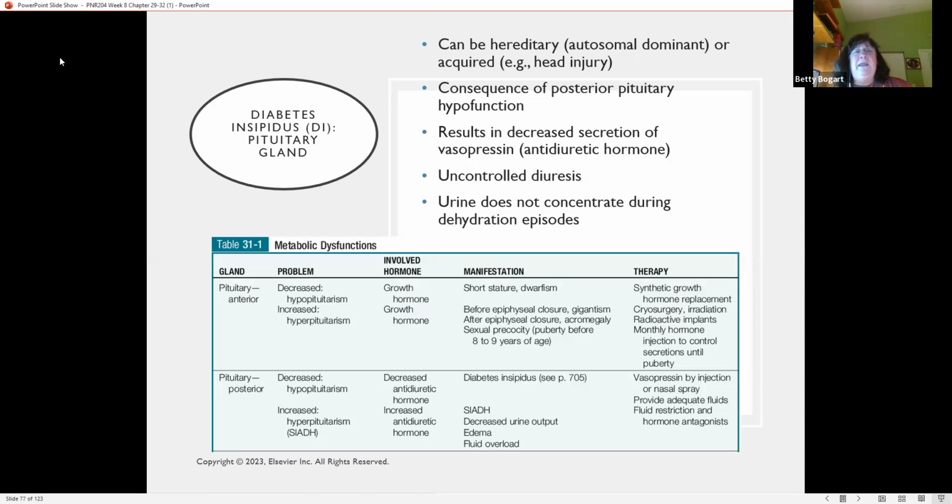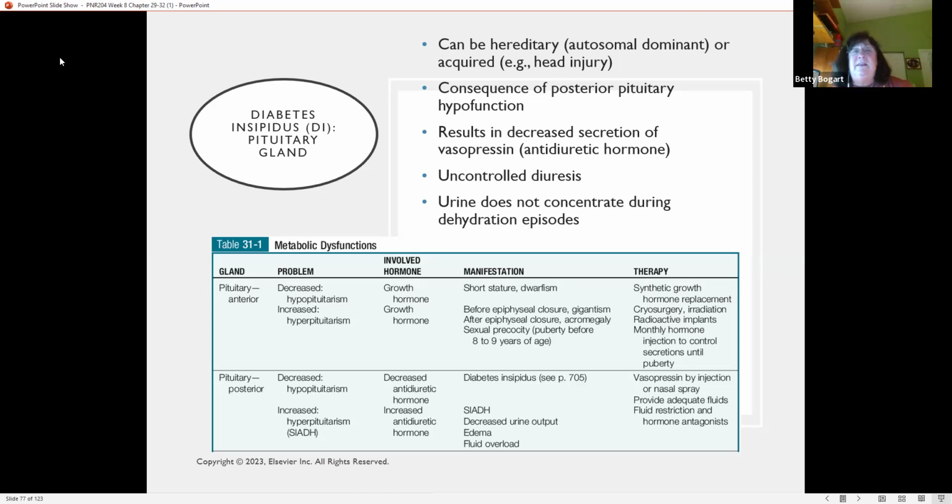Now, diabetes insipidus. Diabetes insipidus has absolutely nothing to do with blood sugars. Diabetes insipidus is all about fluid. It's the posterior gland, and it secretes hormone that keeps your kidneys flowing the way they should.